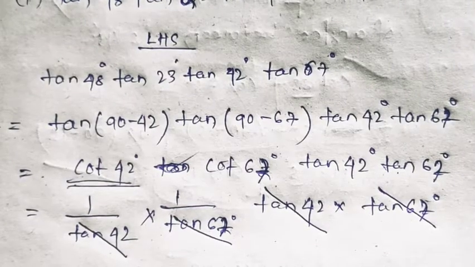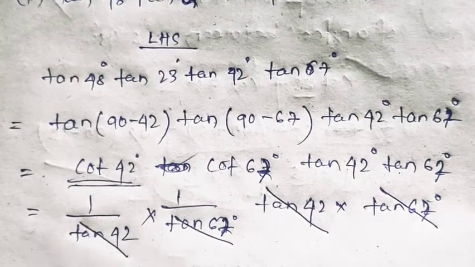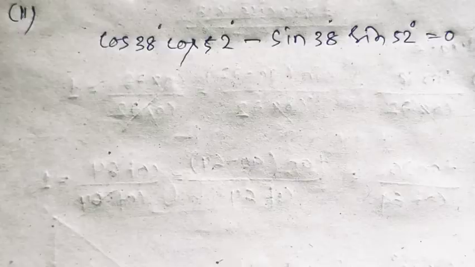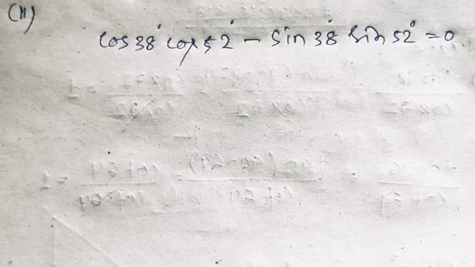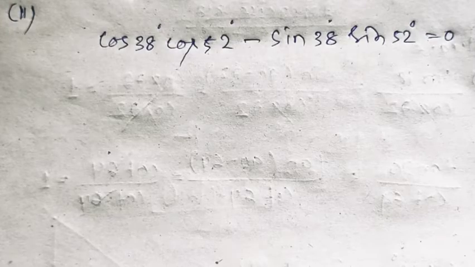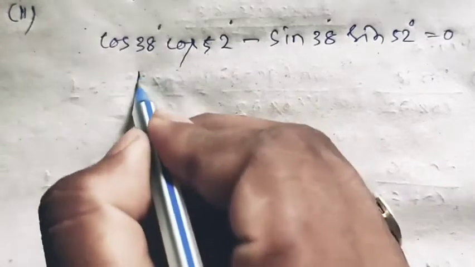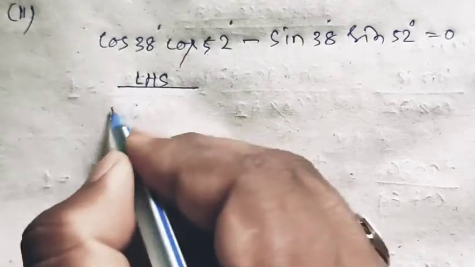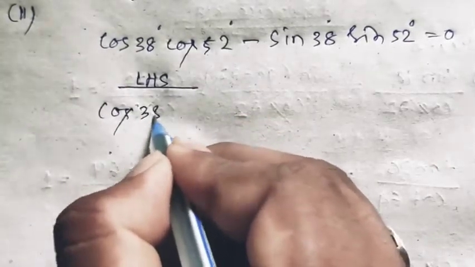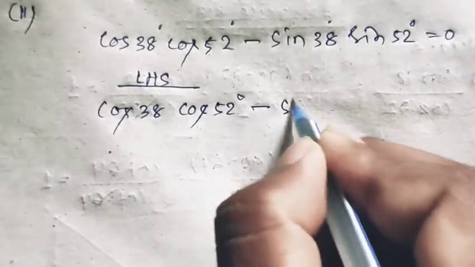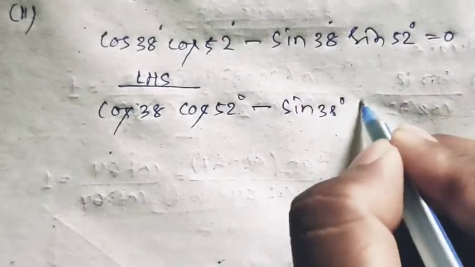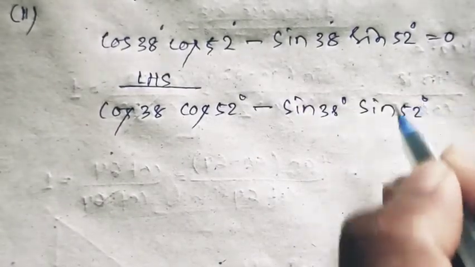Okay, we will solve the second one. In the second one, it is given that cos 38 into cos 52 minus sin 38 into sin 52 is equal to 0. So take LHS as cos 38 degree into cos 52 degree minus sin 38 degree into sin 52 degree.